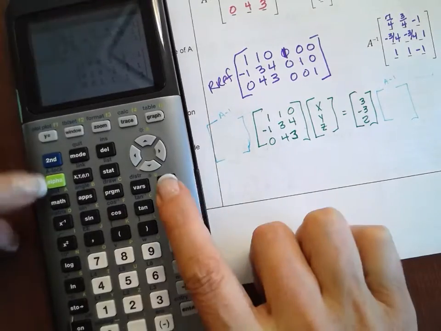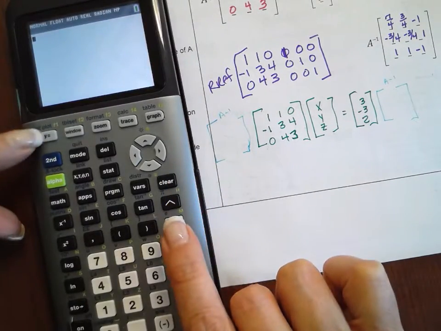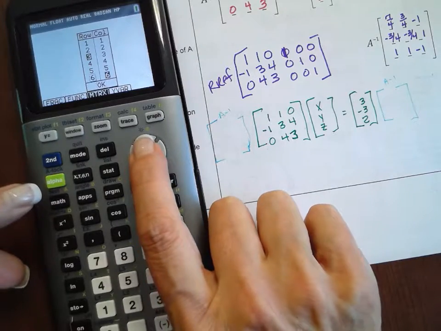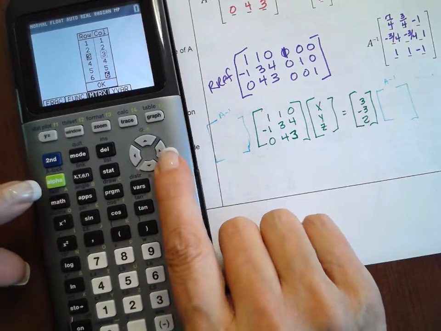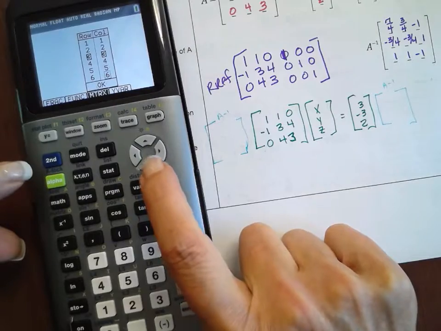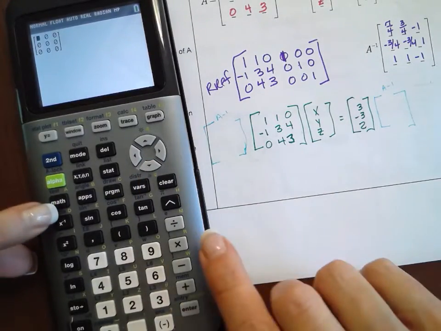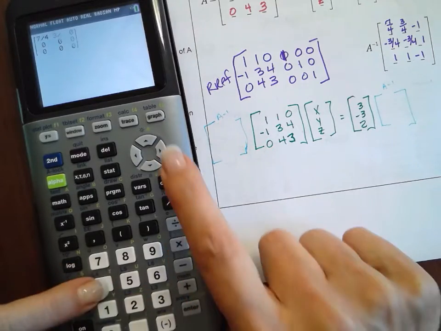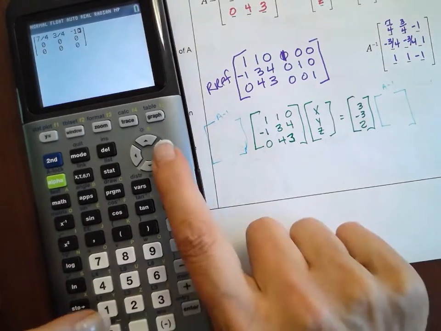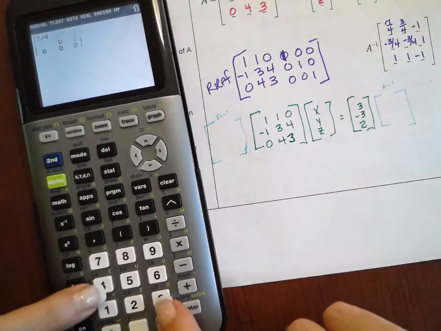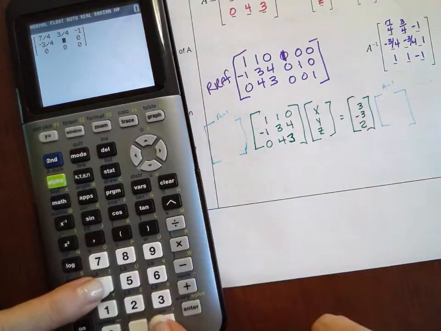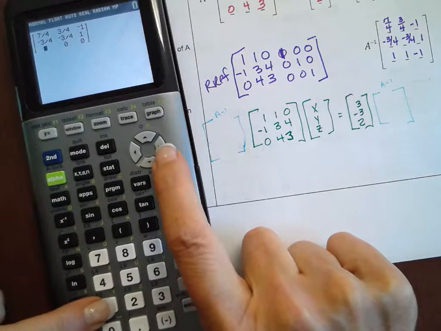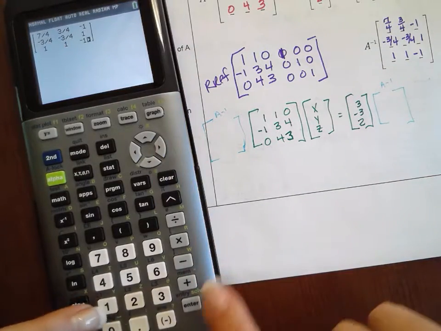Okay, so that means I have a matrix that is a 3 by 3, which is 7/4, 3/4, negative 1, negative 3/4, negative 3/4, 1, 1, 1, and negative 1.